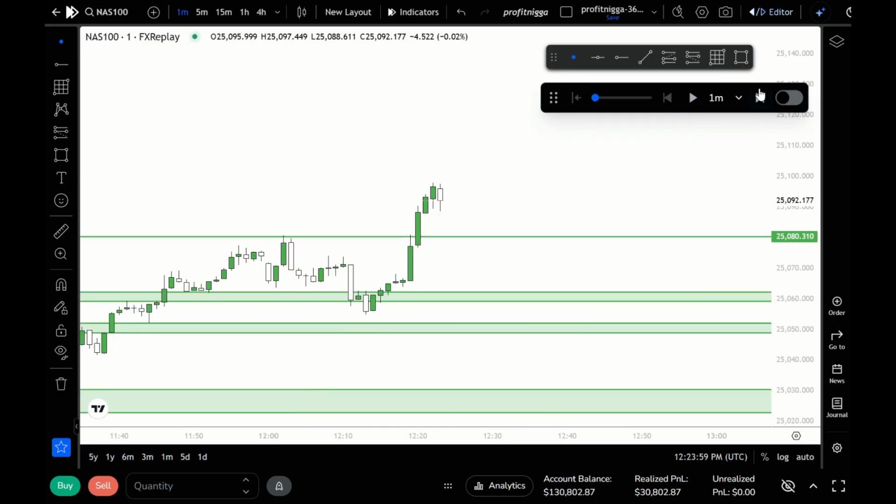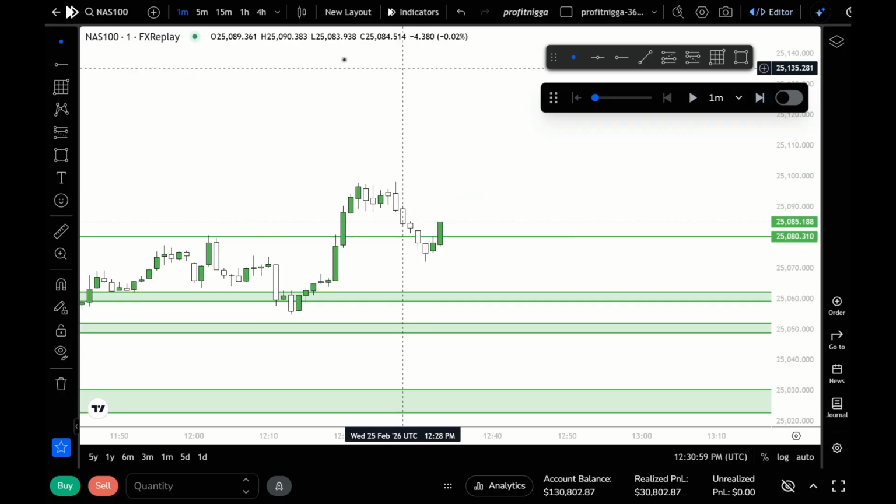Now we are on 1 minute, and what we will be looking for is a break of structure to the upside.